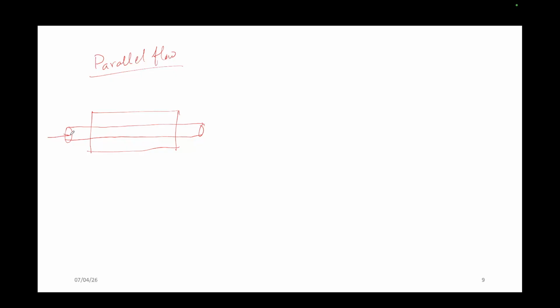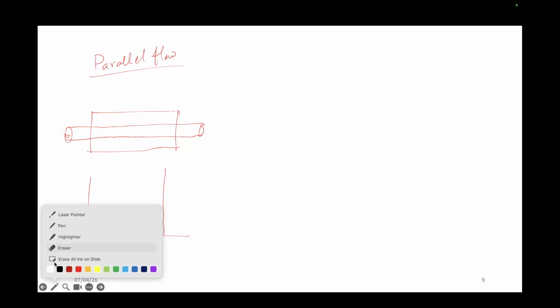Say A, just say hot fluid. Not hot, I'm just giving you an example. This is saturated water.